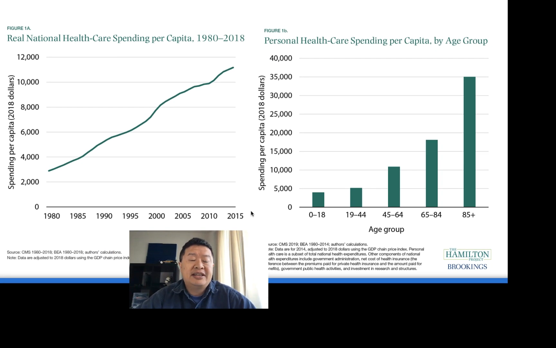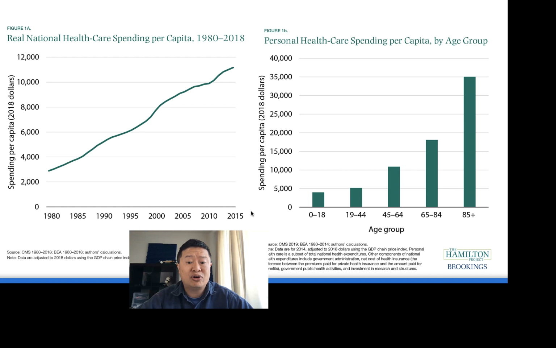Now, if you look at the actual dollar amount per person spent in the US, we've gone from spending on average around $3,000 per American for healthcare each year to now over $10,000 per American each year.